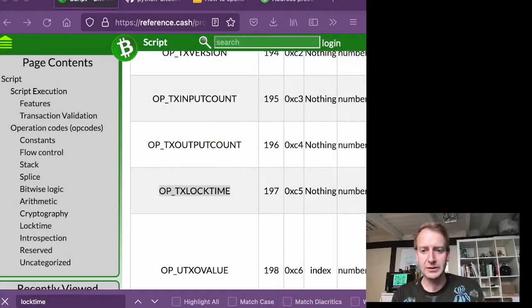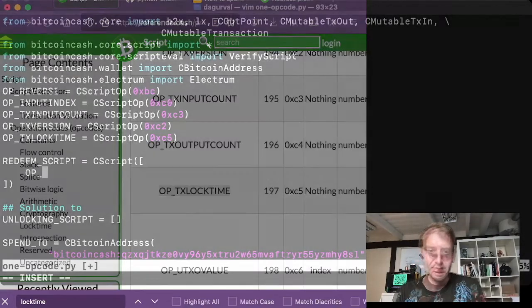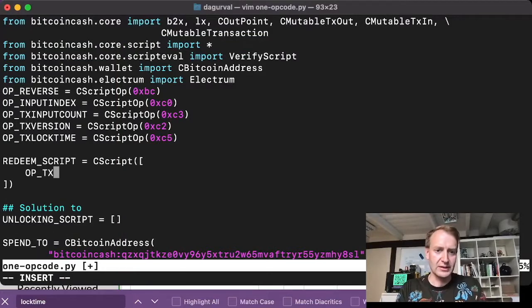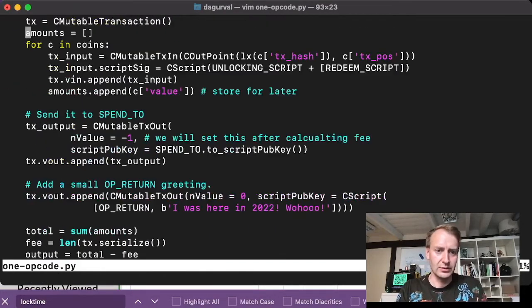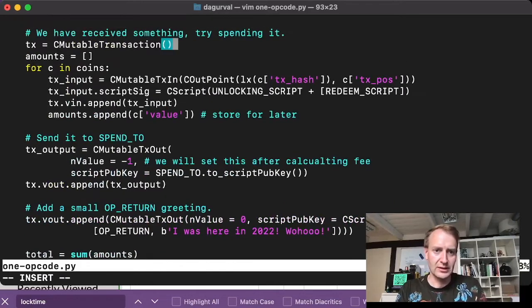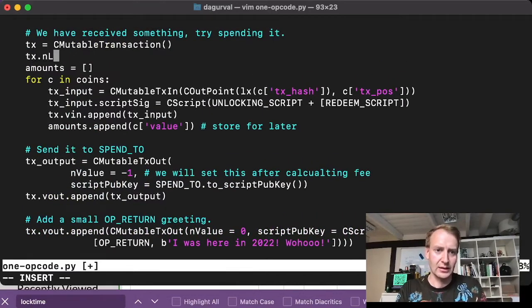I believe that we should be able to set the lock time of the transaction to 1, and then use OP_TXLOCKTIME to push the value 1 to the stack. So let's try that. The contract script is OP_TXLOCKTIME. And then I have to slightly manipulate the program to set the tx lock time equal to 1.